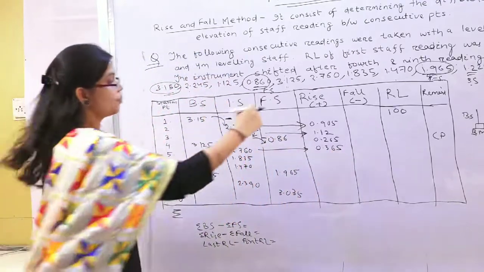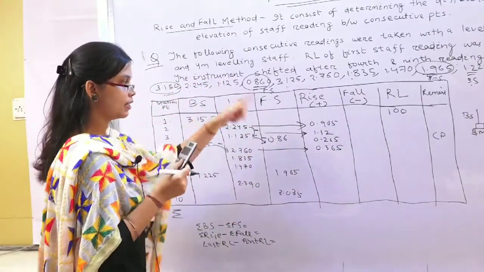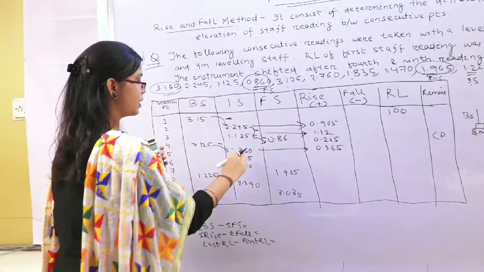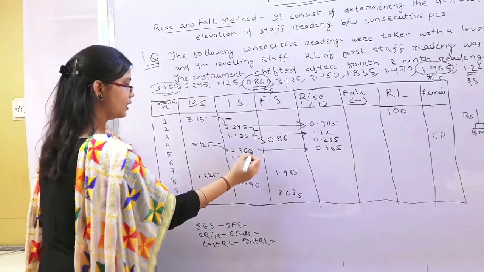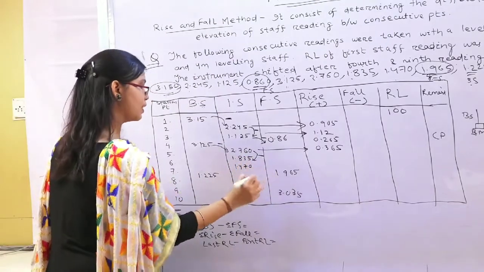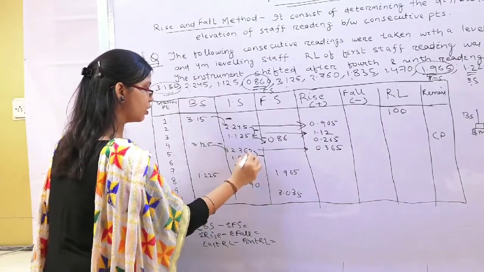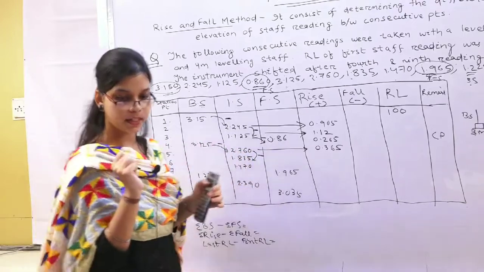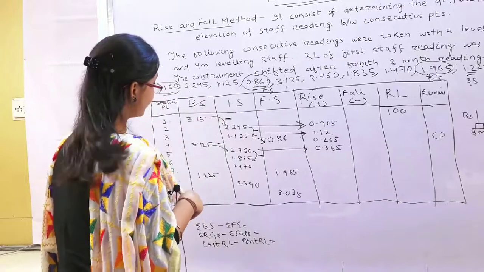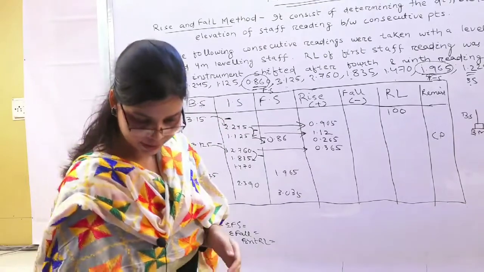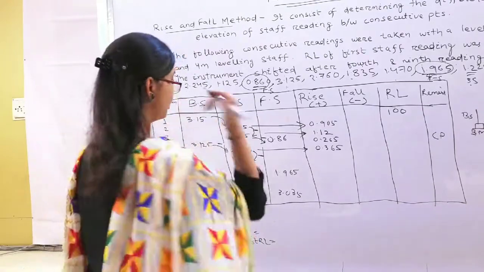All are coming positive, so we are writing in rise. If it comes negative, we will write in fall. Then again this minus this. Very easy way. 2.76 minus 1.835, we get 0.925.